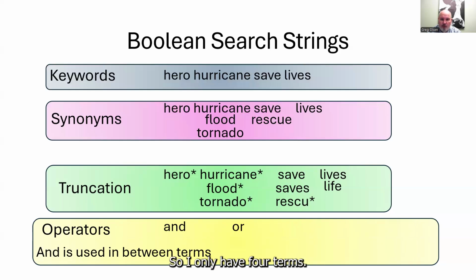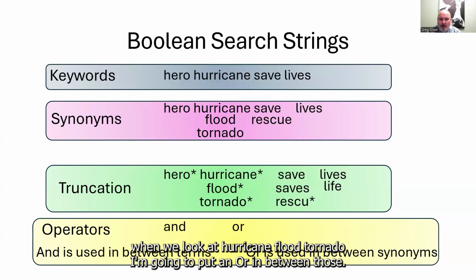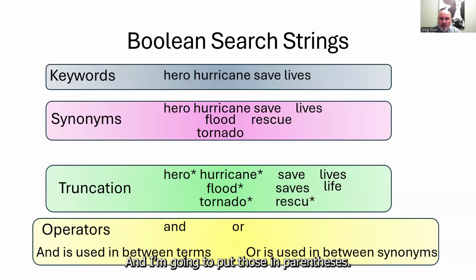So I still only have four terms that I'm going to put an AND in between. OR is going to be used in between those synonyms. When we look at hurricane, flood, tornado, I'm going to put an OR in between those, and I'm going to put those in parentheses in order to gain all of those synonyms within my search.